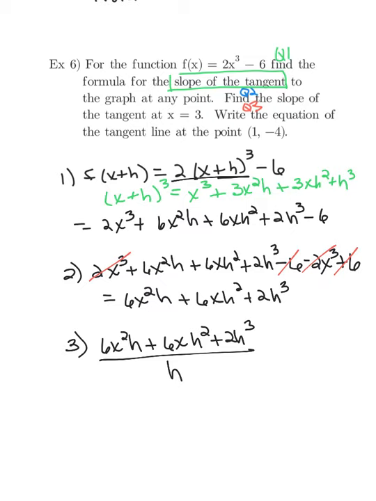So we're going to take one h out of each term. So we take the denominator out. We take out the h from the first term, take out one of the 2 from the second term, and then take out one of the 3. So we still have 2 left on that third term. What we now have is 6x squared plus 6xh plus 2h squared as our answer for step 3.